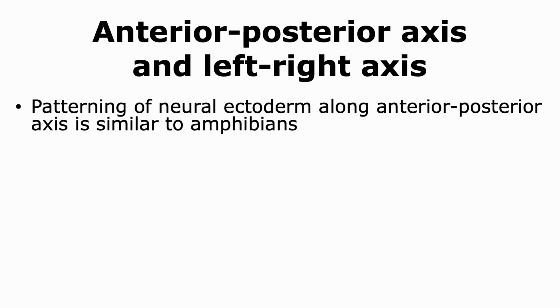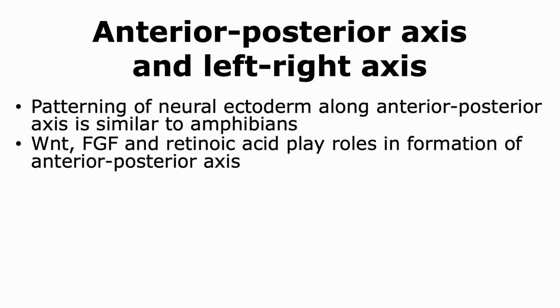Let us now look at the anterior-posterior axis and the left-right axis formation. So when we look at the anterior-posterior axis, patterning of the neural ectoderm is similar to that observed in amphibians. Now, Wnt, FGF, and retinoic acid play roles in the formation of anterior-posterior axis.